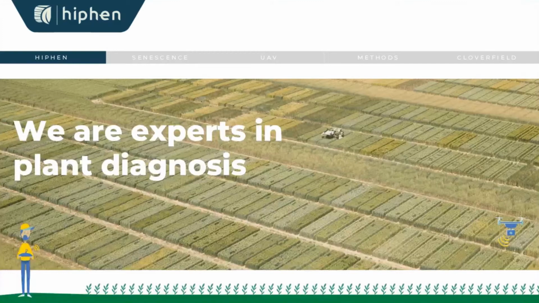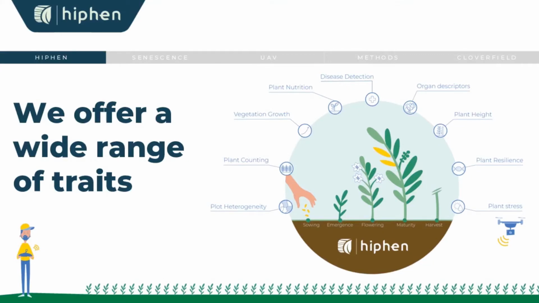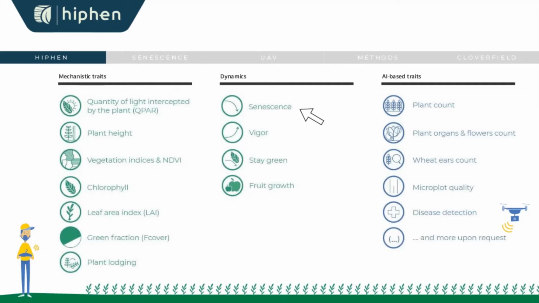A few words before we dive in. Hiphen, as you know, is an expert in plant diagnosis. One of the key specificities of Hiphen is that we offer a wide range of traits. We look at plants from different angles, and we try to develop data pipelines that allow us to really characterize the plants in different views and angles, and we have a traits catalog that is quite extensive.